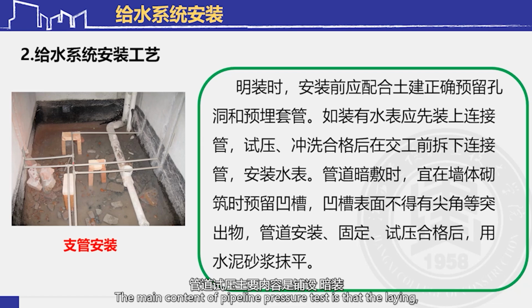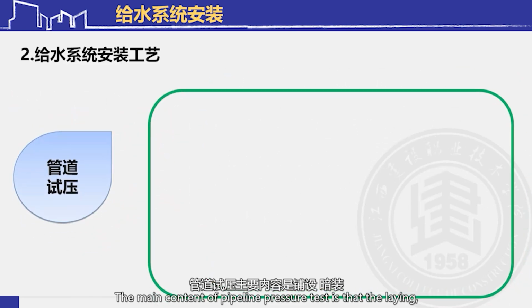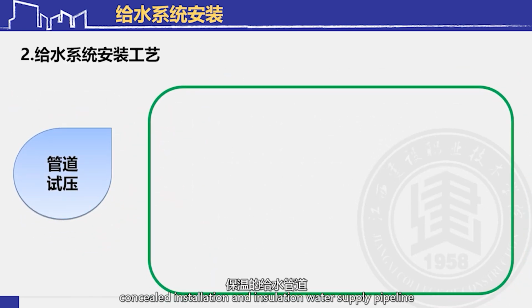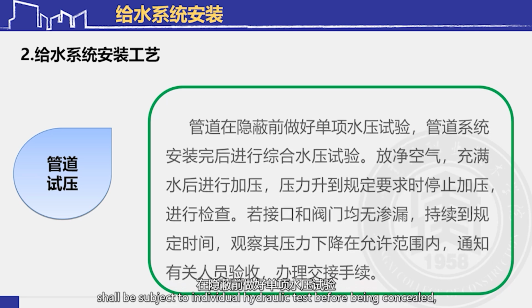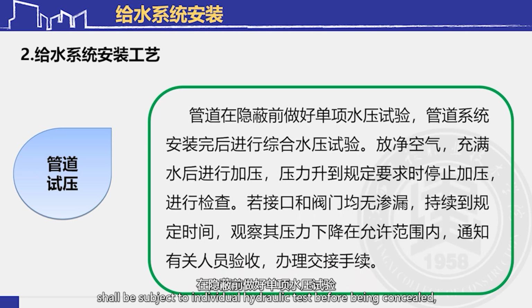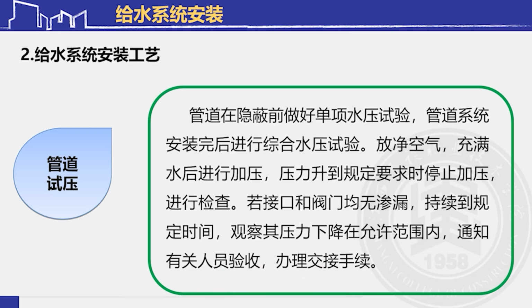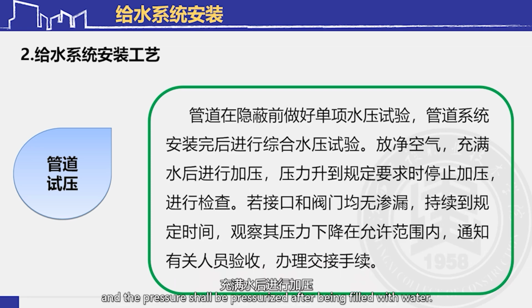The main content of pipeline pressure test is that the laying, concealed installation and insulation water supply pipeline shall be subject to individual hydraulic test before being concealed, and the comprehensive hydraulic test shall be conducted after the pipeline system is installed. During the hydrostatic test, the air shall be discharged completely, and the pressure shall be applied after being filled with water.